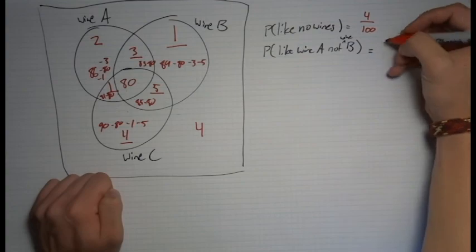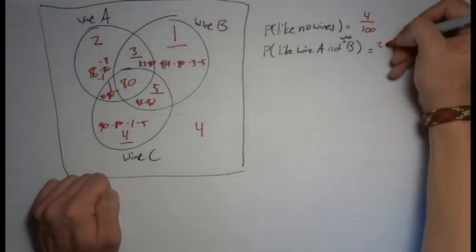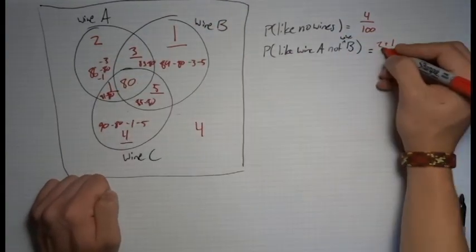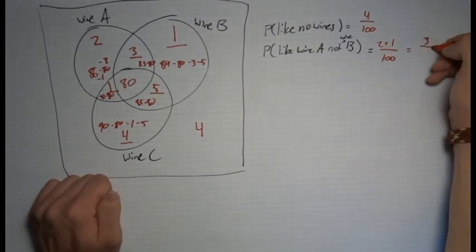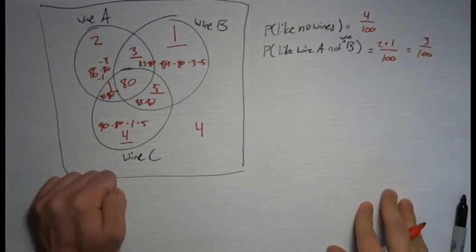So we have these 2 people right here, plus this one person right here, divided by our total number of people is still 100. So we get our answer is 3 over 100.